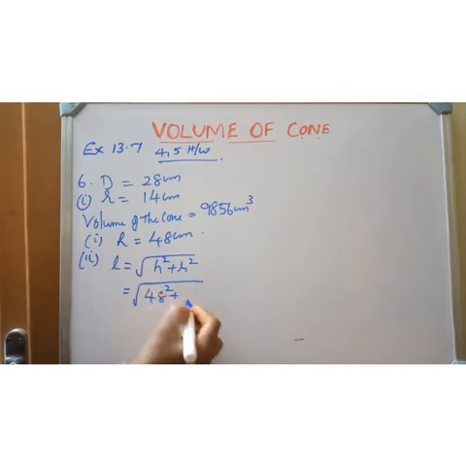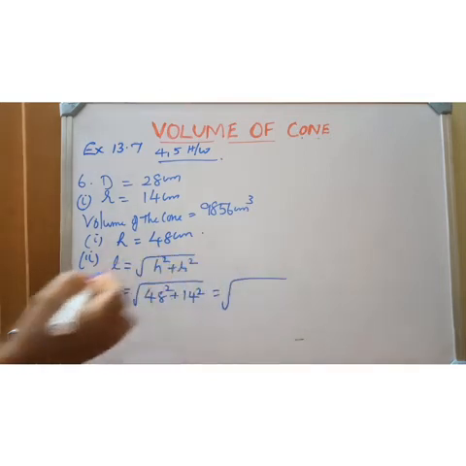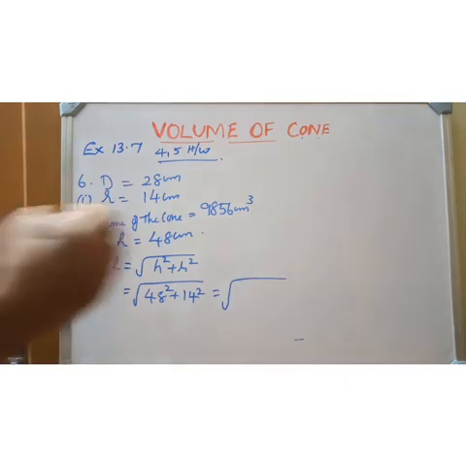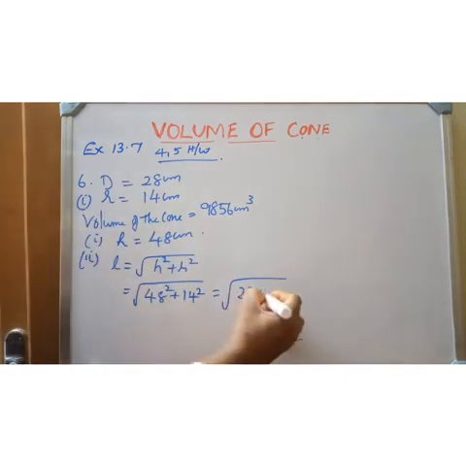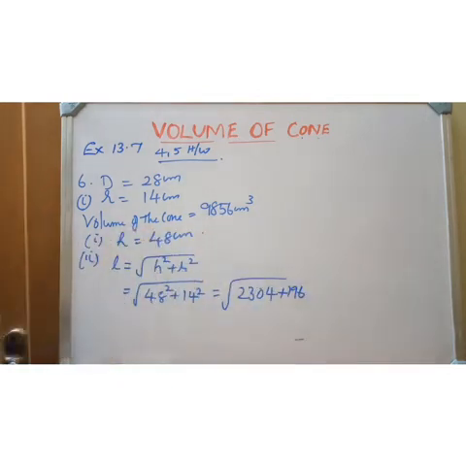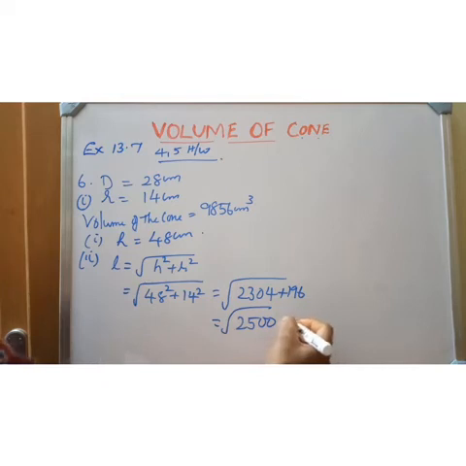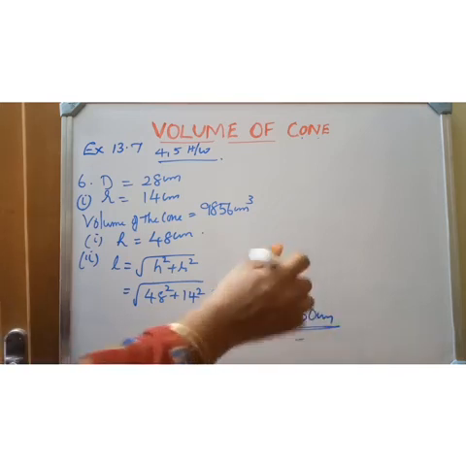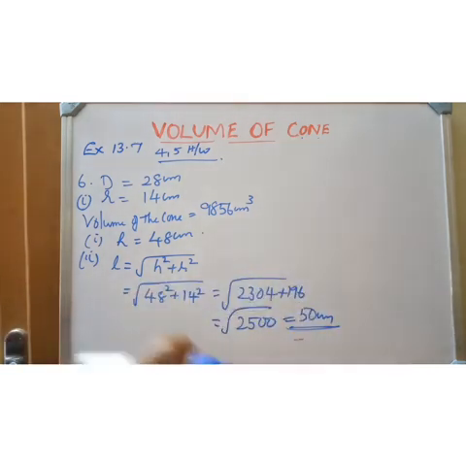So 48 square plus 14 square is equal to root of 48 square is 2304 plus 14 square is 196. That is equal to 2500. That L is equal to, what is square root of 2500? 50. So slant height, we got the value as 50 centimeter.